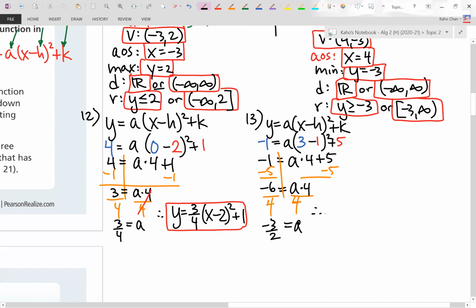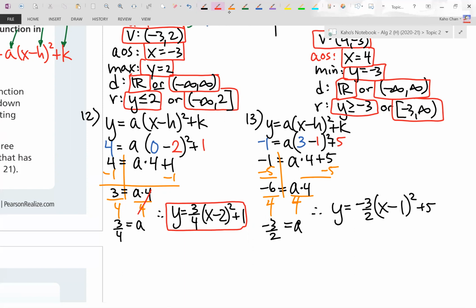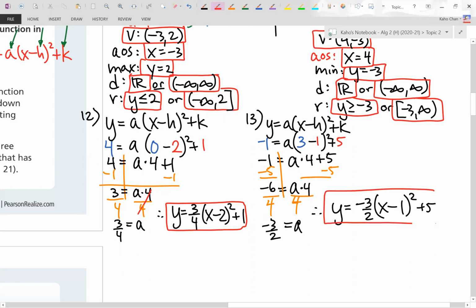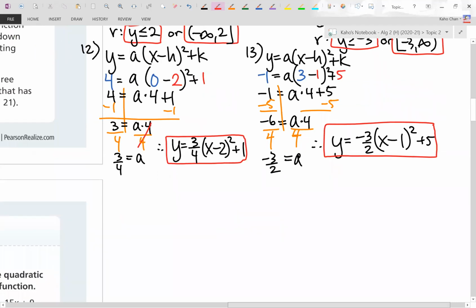Final answer, y equals -3/2 times parentheses x minus 1 squared plus 5. Good job. Woohoo! Wow. All right. Any questions about number 13?